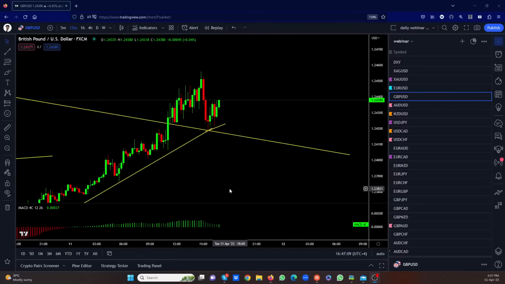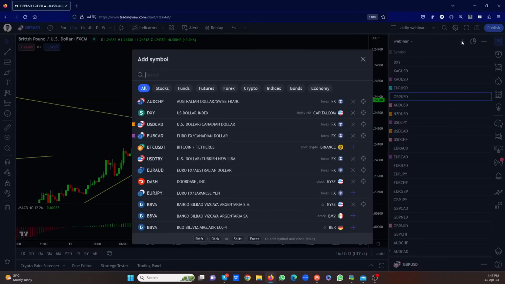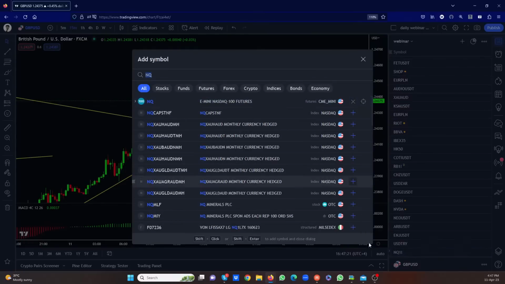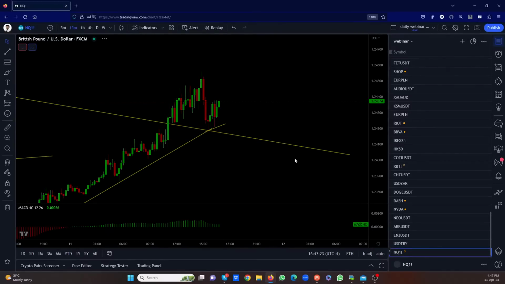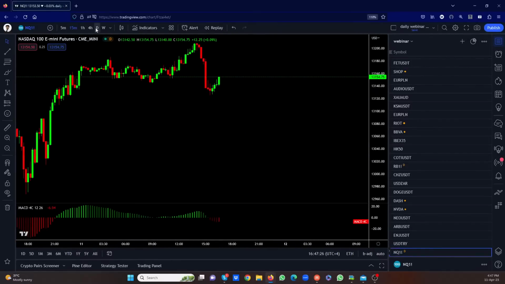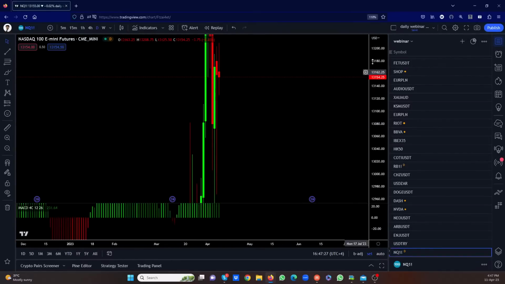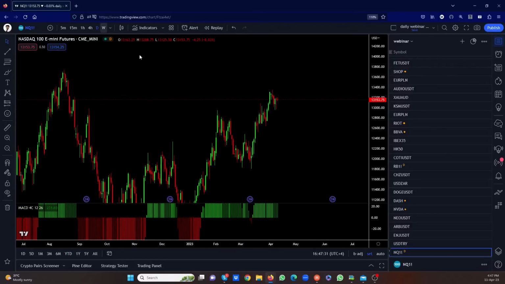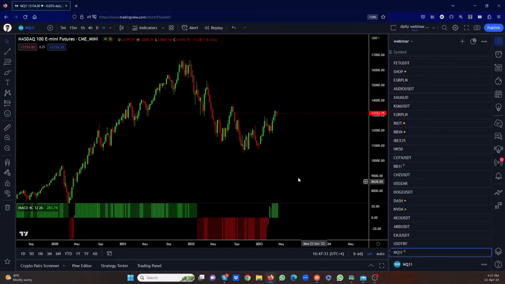NQ. What is NQ? The top one here. I have to see the big picture to figure out what it's doing, and then I just want to see what the structure looks like.